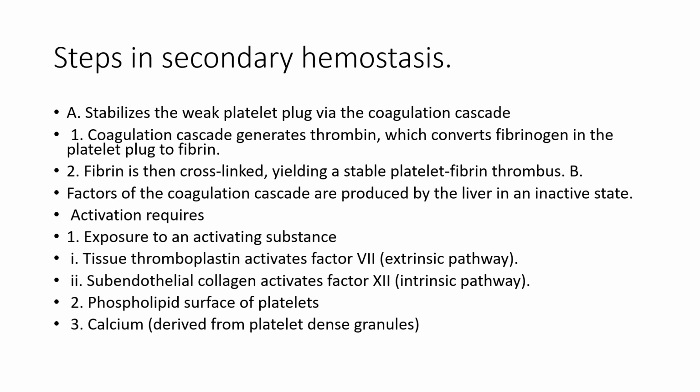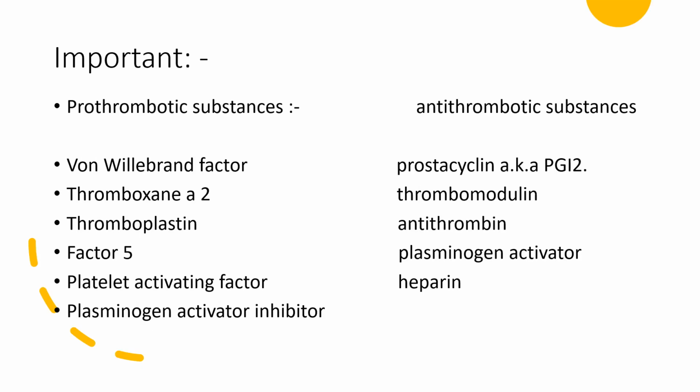Now this slide is very important as it has basically all the information regarding thrombosis: prothrombotic substances and antithrombotic substances. Prothrombotic substances are the substances which promote thrombosis, and these include von Willebrand factor, thromboxane A2, thromboplastin, factor 5, platelet activating factor, and plasminogen activator inhibitor.